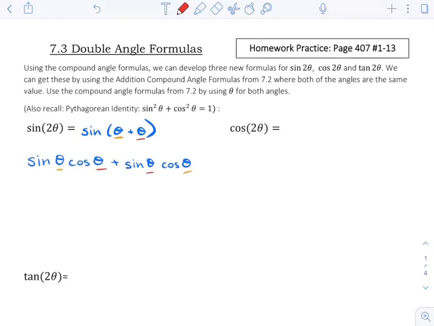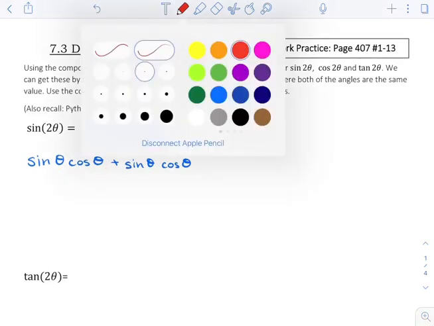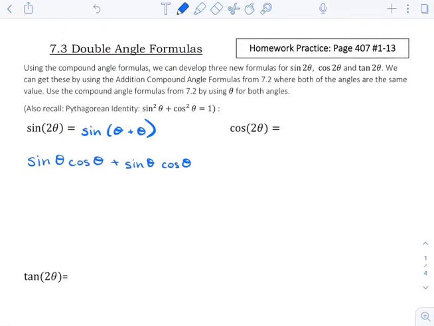It just happens to be theta. So when I look at what we're left with, we have the exact same thing at the start and end. So I add them, 2 sine theta cos theta. And that's our first double angle formula: sine of double theta is equal to 2 sine theta cos theta.